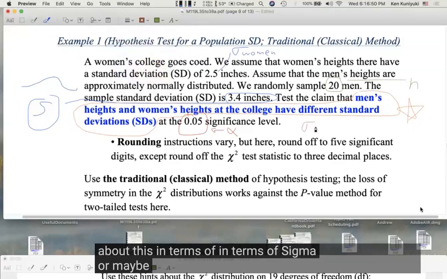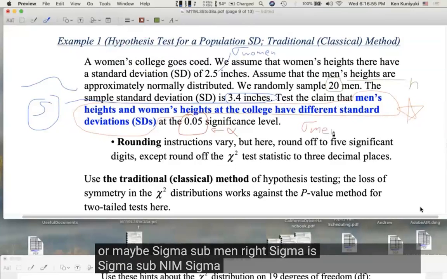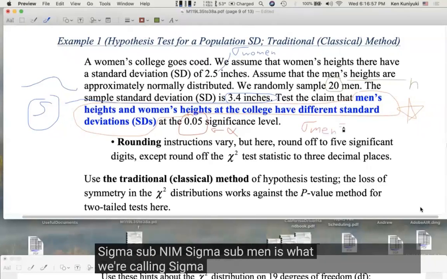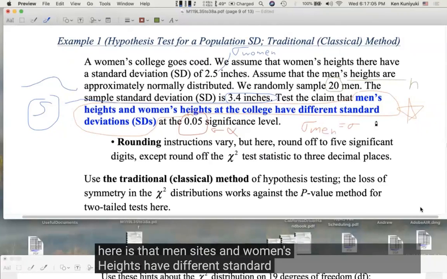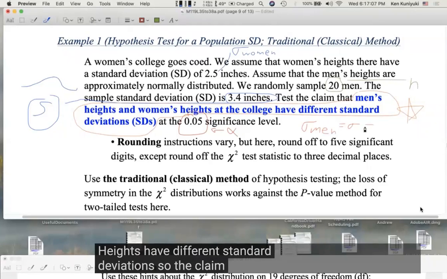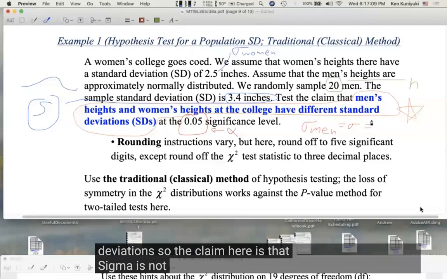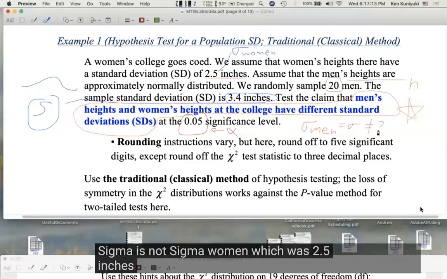So how can we think about this in terms of sigma, or maybe sigma sub men? Sigma sub men is what we're calling sigma. Now, the claim here is that men's heights and women's heights have different standard deviations. So the claim here is that sigma is not sigma women, which was 2.5 inches.